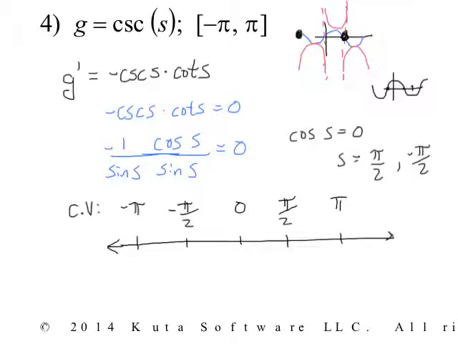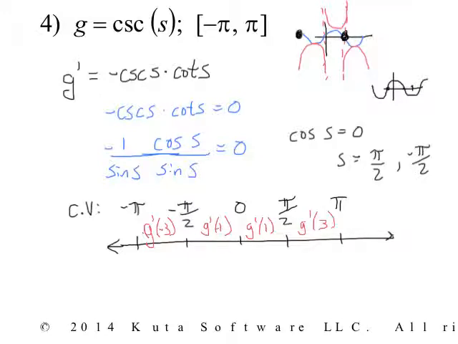Then we want to test our intervals. A number between negative pi and negative pi over 2 might be, we'll go with g prime of negative 3. Then we could do g prime of negative 1, g prime of 1, and g prime of 3.